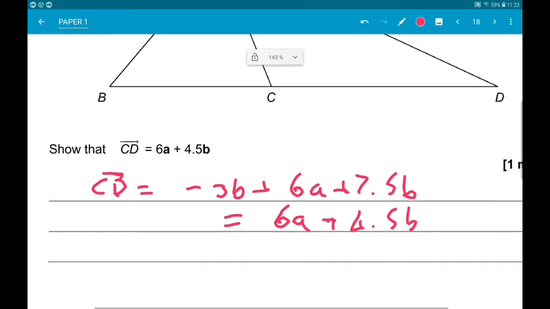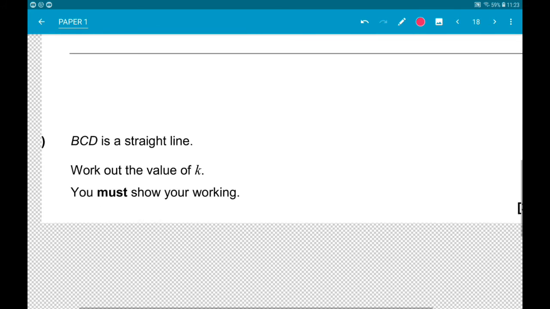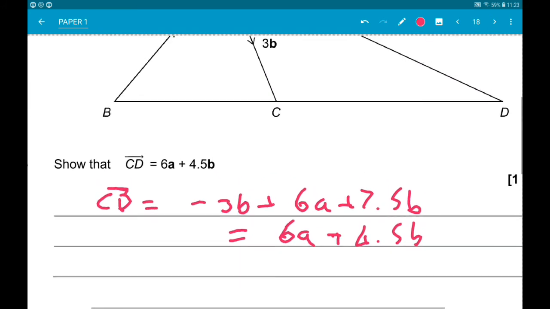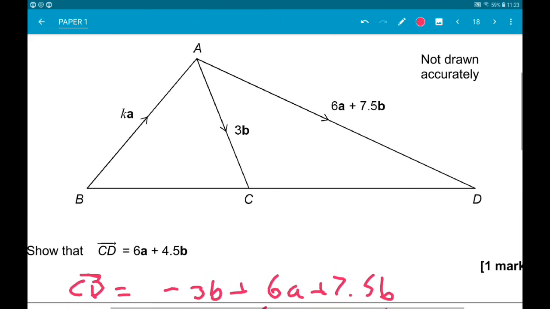Okay, then for part B, we're told that BCD is a straight line, and we want to work out the value of K. So, by them telling us BCD is a straight line, that tells us BC and CD are parallel. Now in terms of vectors, if vectors are parallel, one of them is a multiple of the other.